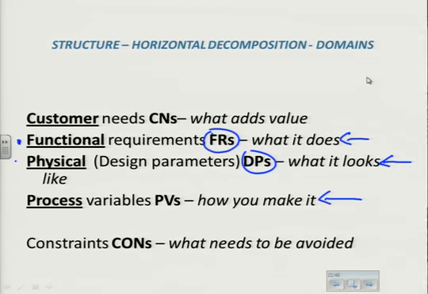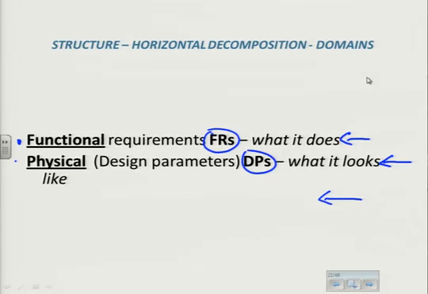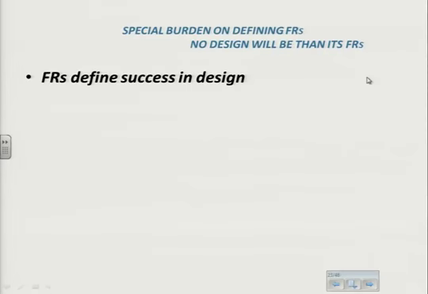All right, so the point here is that we can work with the FRs and DPs for the most part between the functional and physical domains for much of our discussion without any loss of generality.